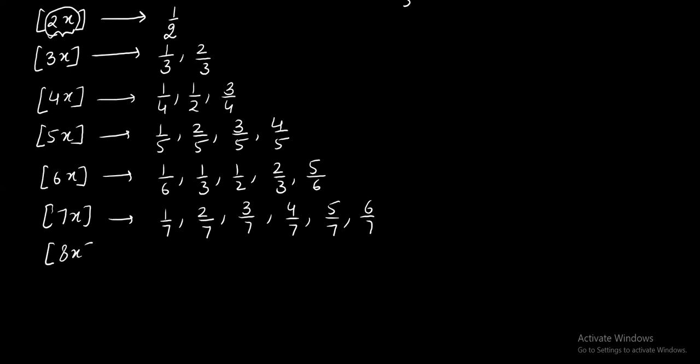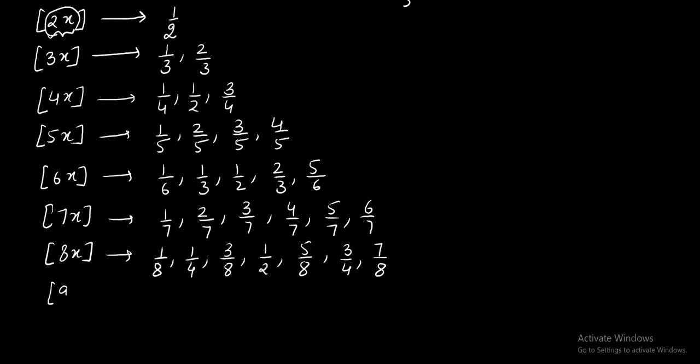We have to go up to 10x in this way. So I'm now reaching the integral part of 8x: 1/8, 2/8, 3/8, 4/8, 5/8, 6/8, 7/8. The integral part of 9x will become an integer when x is 1/9, 2/9, 3/9, 4/9, 5/9, 6/9.